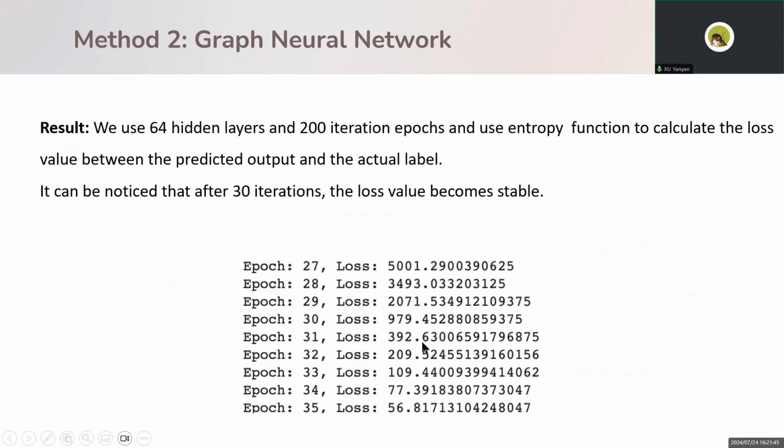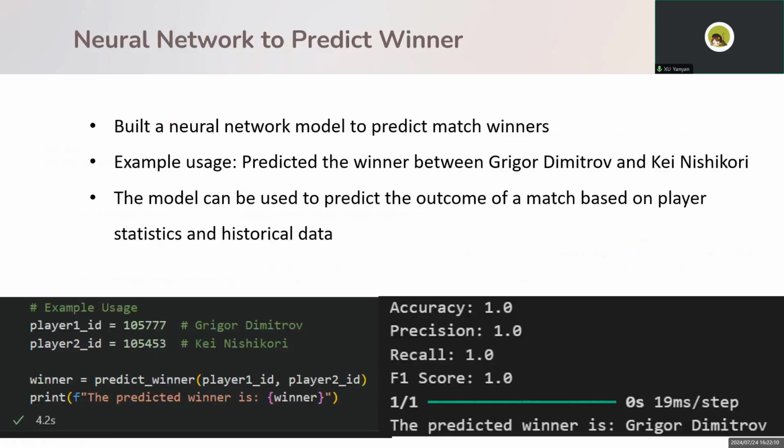We use 64 hidden layers and 200 iterations and use the cross entropy function to calculate the loss value between the predicted output and the actual label. It can be noticed that after 30 iterations, the loss values become stable. Then we can build a neural network model to predict match winners.